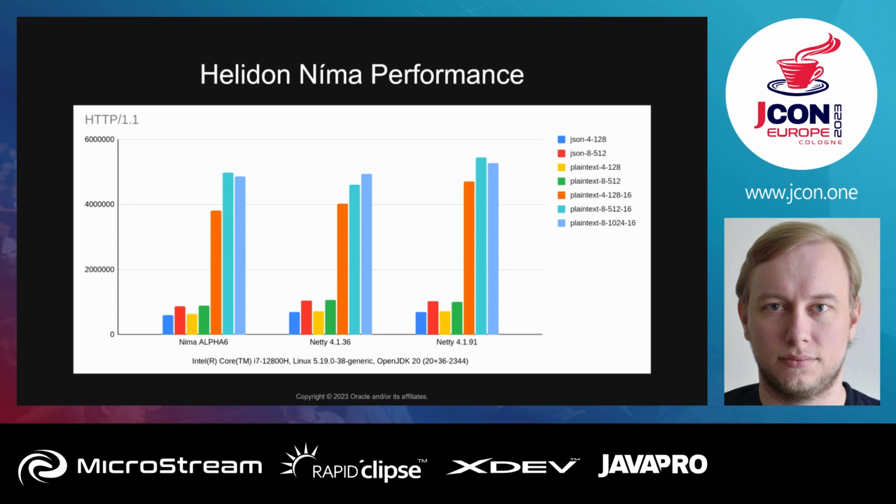Again, still basically the same performance as Netty itself. And the last three are doing the same as the previous test, but this time with pipelining enabled. So as you can see, it basically skyrocketed the performance just because we have enabled pipelining.